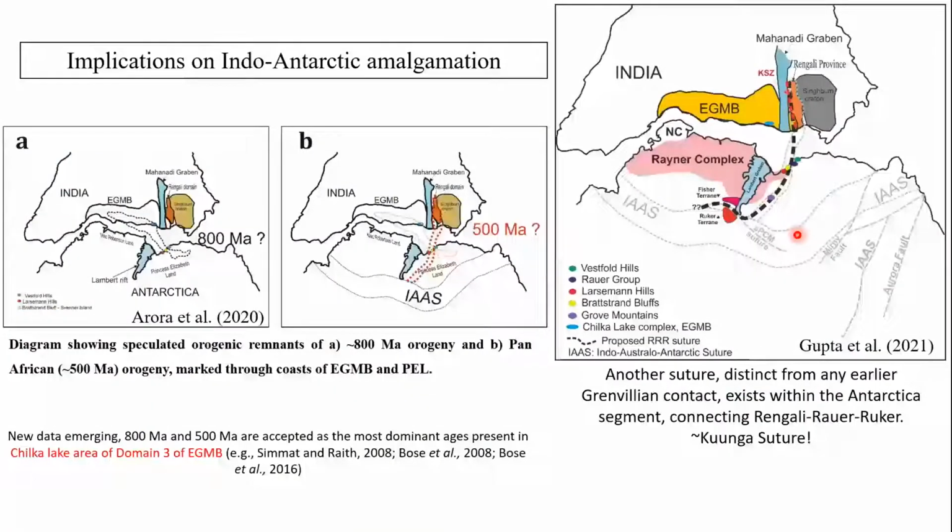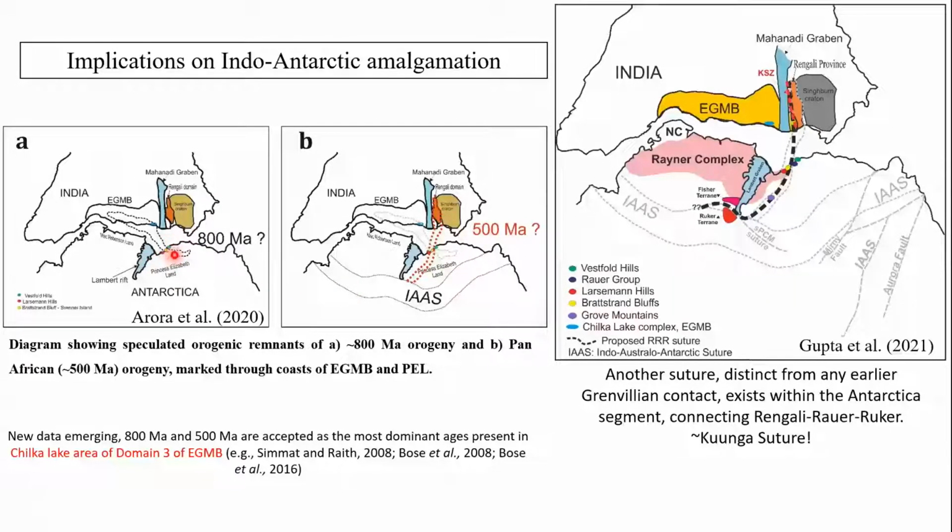So by correlating this much data of the Larsemann Hills area, which is present here, with the Chilka Lake and Rengali domain, these domains are present in eastern India. Obviously, the Rayner terrain has already been correlated very well with the EGMB, which is the Eastern Ghats Mobile Belt of India. However, this area had not been correlated directly prior to this paper.